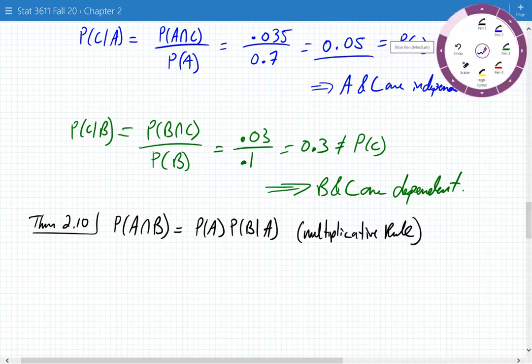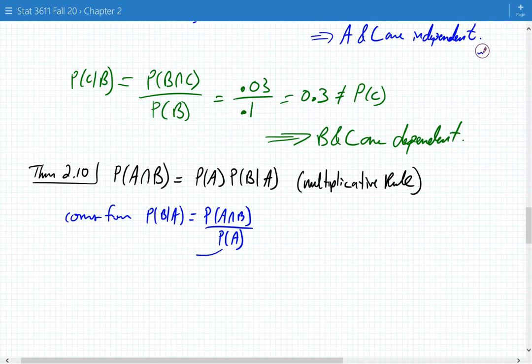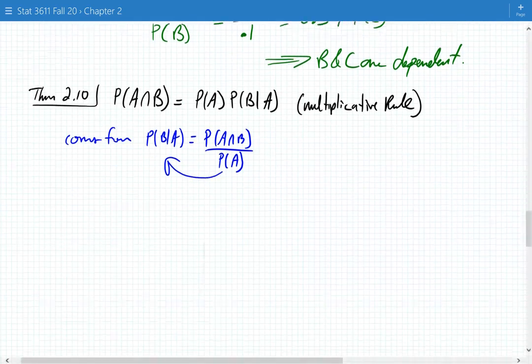Multiplicative rule, right? And what this really comes from is the idea that the probability of B given A is defined to be the probability of the intersection divided by the probability of the given. And so we can just multiply this over to the other side, which is nice.